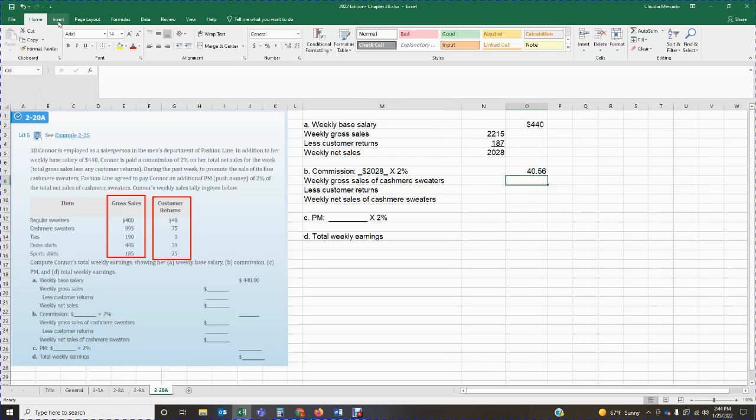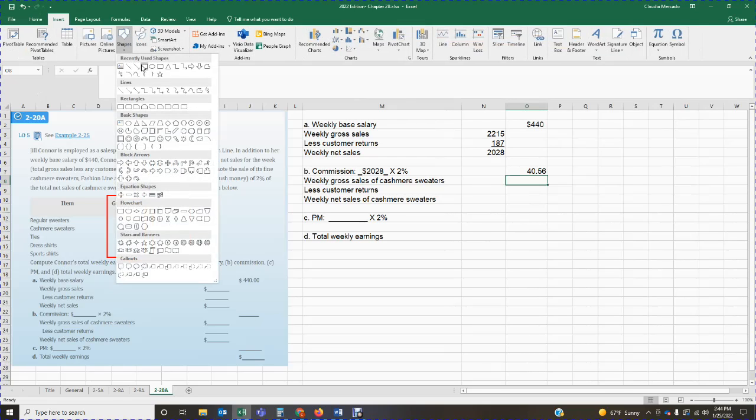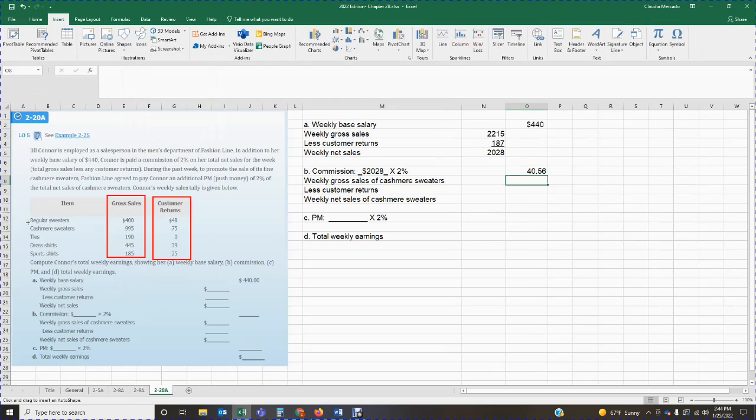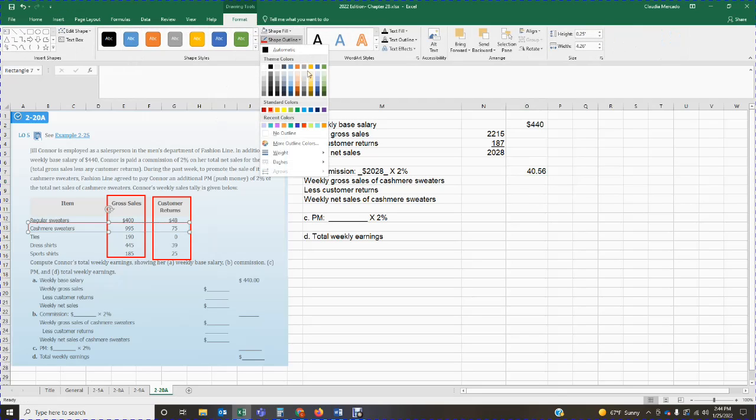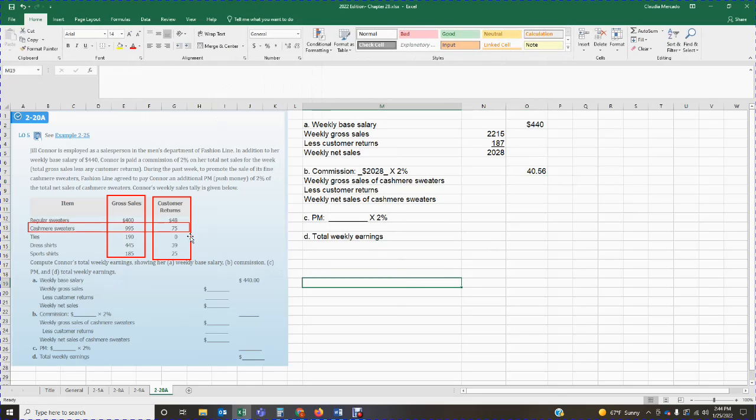So now we're going to look only at cashmere sweaters, okay, right here. We're going to look at cashmere sweaters because cashmere sweaters are paying an extra 2%, okay?